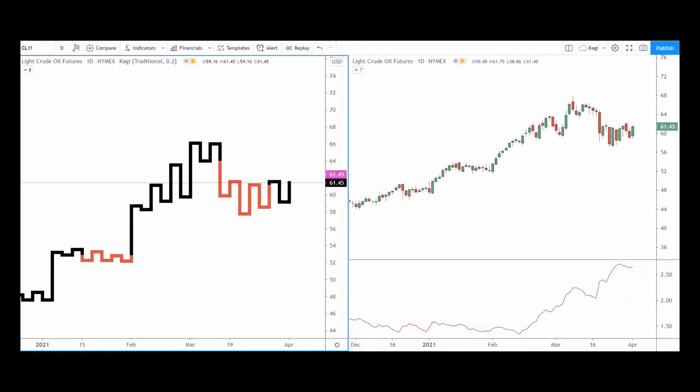So 20 cents. At the moment though, the candlestick chart is showing us an ATR of about 2.6.